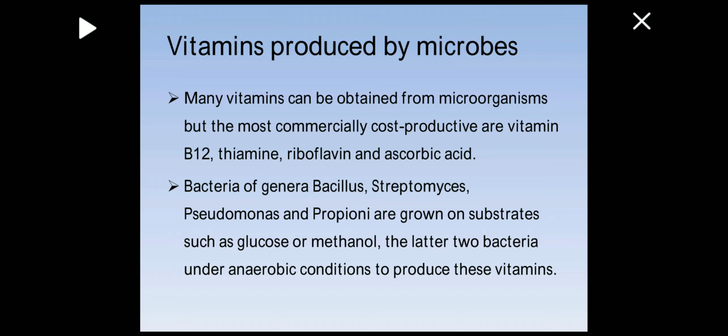So there are certain bacteria which, when working on substrates such as glucose or methanol, in the absence of oxygen, can produce vitamins like vitamin B12, thiamine, riboflavin, and ascorbic acid. Then through the whole process of fermentation, harvesting, isolating, and purifying, the vitamins can be used in different food products or food supplements.